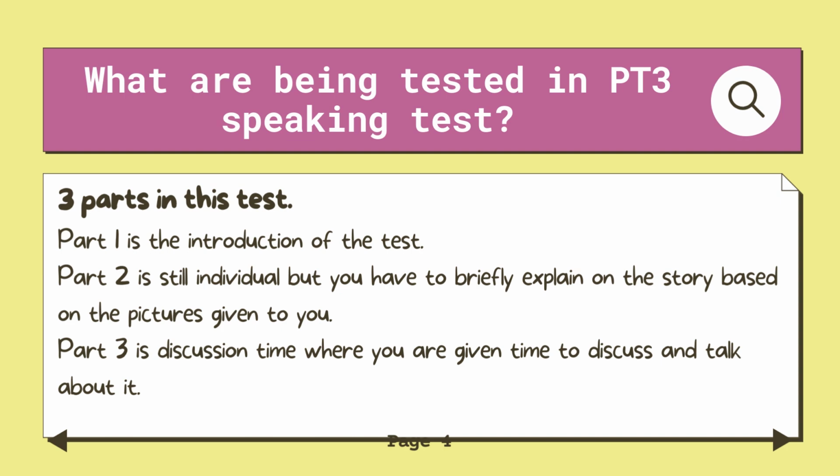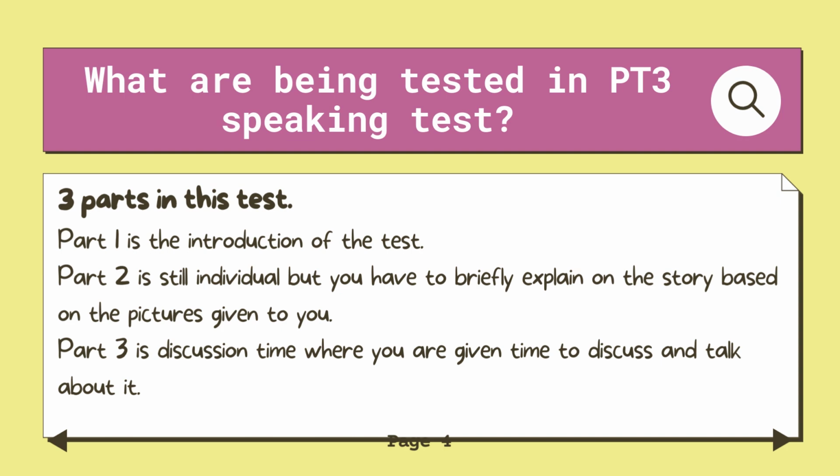What is your hobby? These kinds of questions are going to be asked in part one. You have to stand out to the interlocutors and the assessor so that they can see that you can speak very well here. You have to be very firm and clear when you speak.